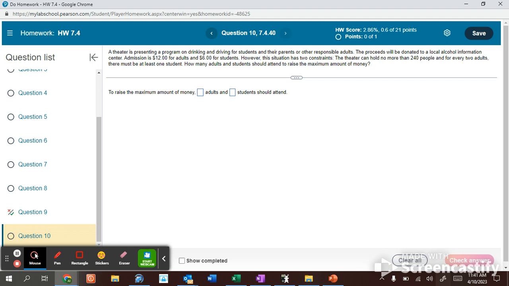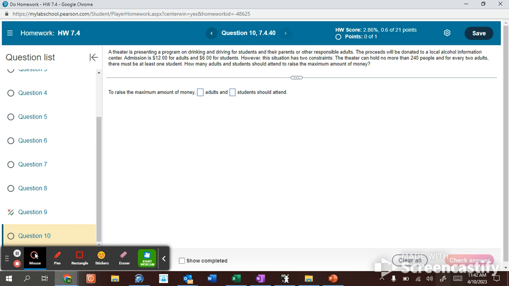So where do these cross? Well, to figure out where they cross, we just take y equals 2x, and put the 2x in here. And so 3x equals 240, so x must equal 80. So if you had 80 adults and 160 students, no. So this one's backwards. So this should be a 2 and a 1.